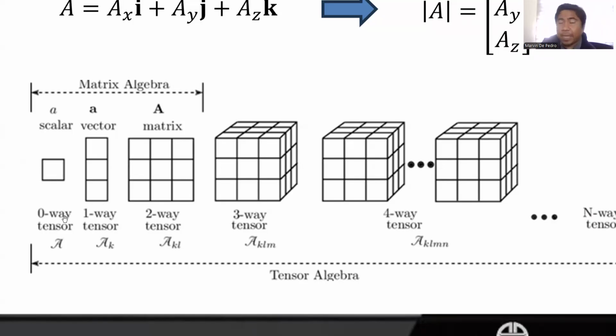Tensors are somewhat like the building blocks in machine learning applications. The processing is usually in terms of tensors, and that's how our computers take care of vectors.